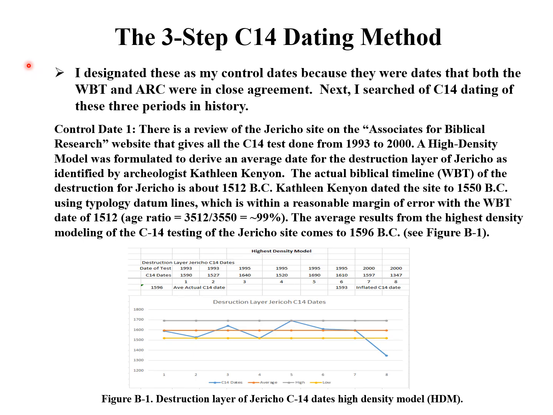Next, I searched for carbon-14 dating of these three periods in history. Okay, so now we're going to carbon-14 dating. We have the Wallen biblical timeline and archaeology matching correctly. Now we're going to see the difference in carbon-14 datings of those 3 points. Control date 1: there is a review of the Jericho site on the Associates for Biblical Research website that gives all of the C14 tests done from 1993 to 2000.